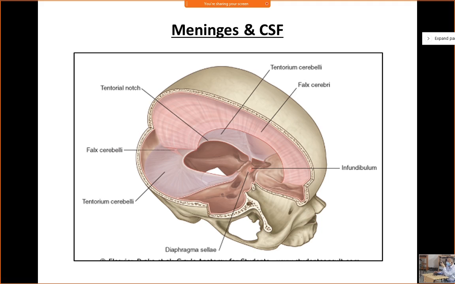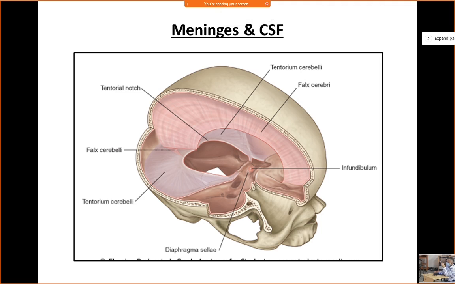The larger sickle shape that is vertically present is our falx cerebri, between two cerebral hemispheres. One side is removed, the skull bone is removed. Then you see one tent-like structure, that is tentorium cerebelli. Here is the cerebral hemisphere, and below the tentorium cerebelli we have the cerebellum.